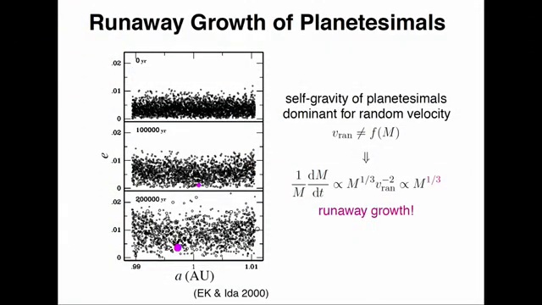So V random is independent of M. Then we have this positive dependence of the relative growth rate on mass, which shows that the growth mode is runaway. We can also say in this way, at least on the linear stage, where the back reaction of this growing body to the field planetesimals is negligible, we can have this runaway growth.